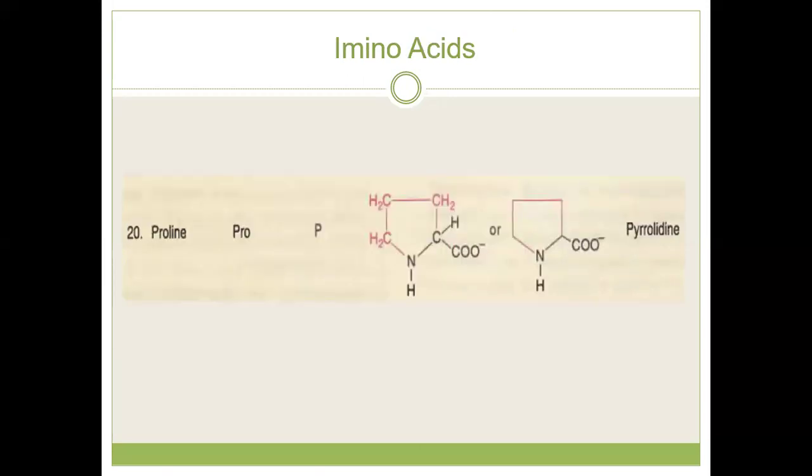Then the last one is proline. This is the only amino acid that has its amino group in the form of an amino, which forms a ring structure we call pyrrolidine.